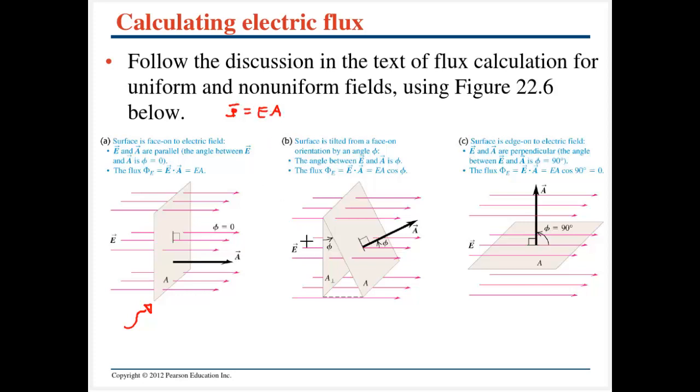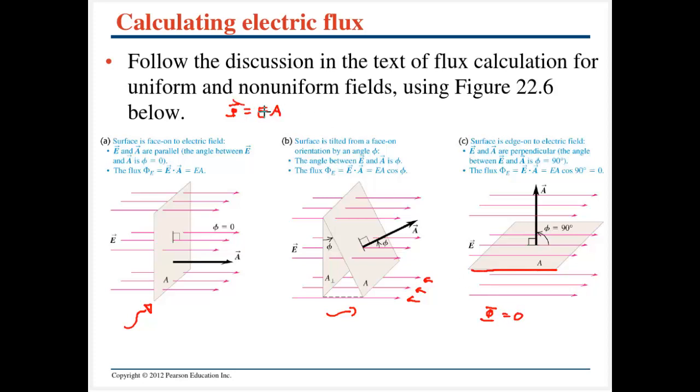However, suppose I tilt my sheet just a little bit, such that now it's pointing up in this direction and we're missing these electric field lines right down here. We're going to have less flux through the box. Worst case scenario is if I rotate it 90 degrees such that it's parallel with the electric field, and no electric field lines are going to go through my sheet, and so my flux is going to be equal to 0.